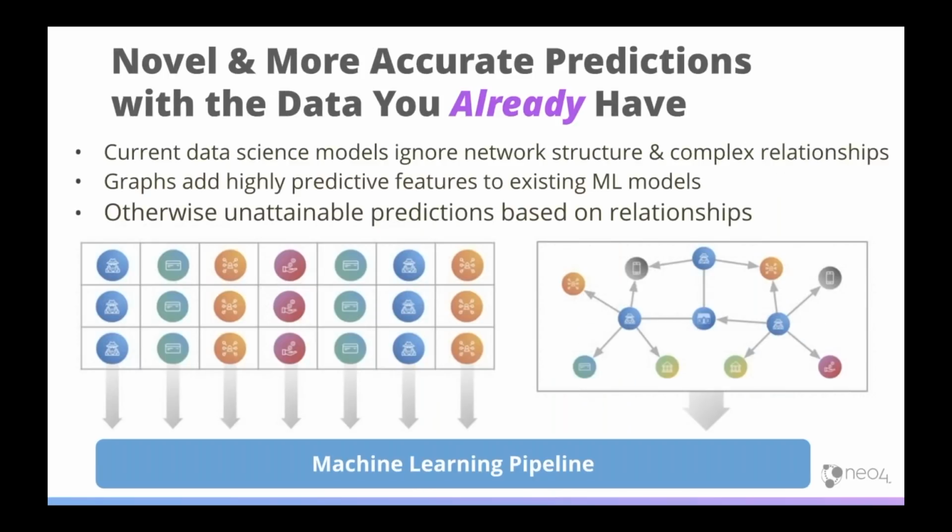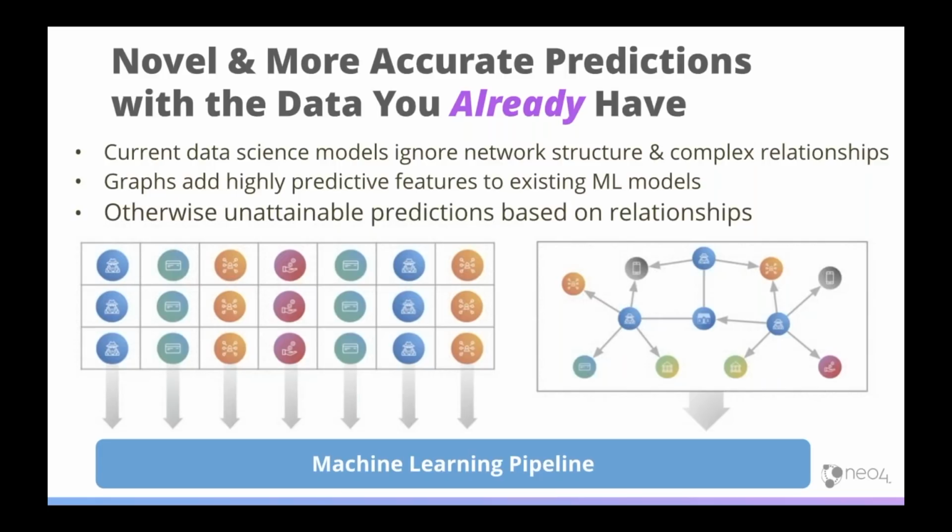So if we think about using graphs to improve our predictions, we're really able to give people a way to have more accuracy and find things they wouldn't otherwise find with the data they already have. As we said, we know relationships are very predictive, so not using them doesn't make a lot of sense.